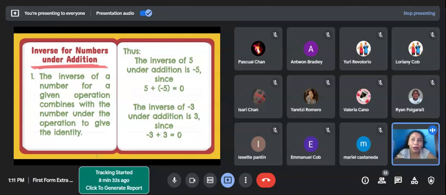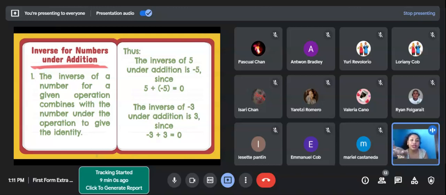Can I repeat? Okay. So here we're talking about inverse. When you talk about inverse, you want to think about the opposite, right? The opposite of what I'm giving you. If I give you something, you have to give me back the opposite. That is what we want to talk about in inverse. Now, for the inverse for addition, I need to add one number to its opposite so that I can get 0.